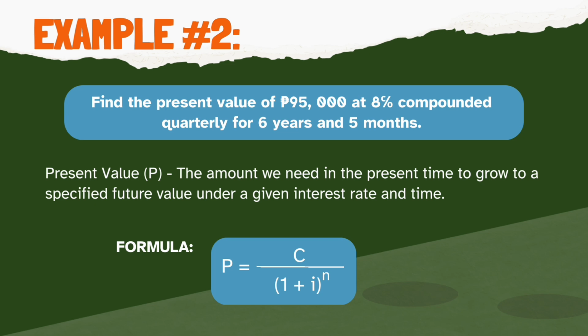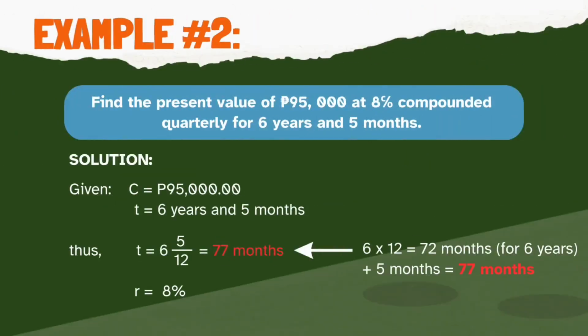Same as the first example, we will still use the same formula: the present value is equal to the compound amount or future value over 1 plus the interest rate per period raised to the power of the total number of compounding periods. Now, how will we get the answer?